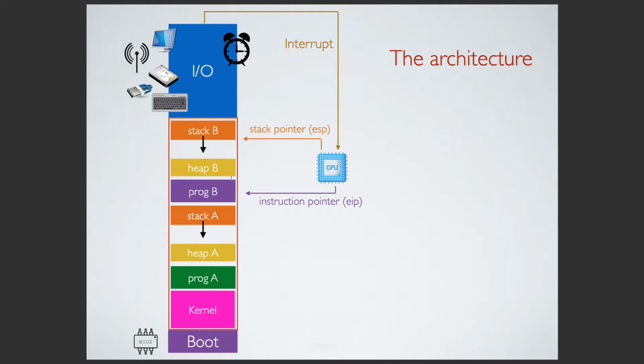Here is a brief reminder of the architecture that we had last time. Again, that's a very simplified view, but here we have the memory, and the memory is divided into mainly three parts. There is the boot part that you are studying this week for Project Zero. There are all the input outputs, where we're going to read and write.